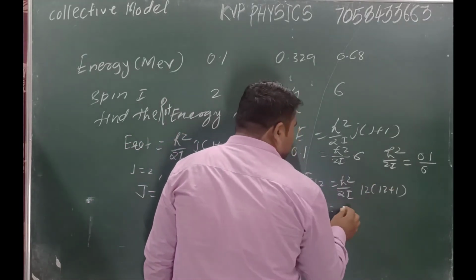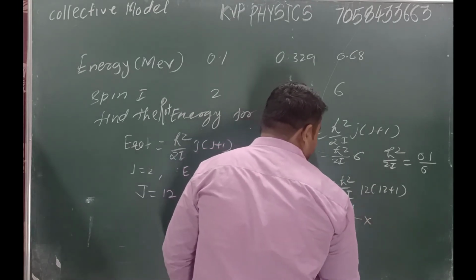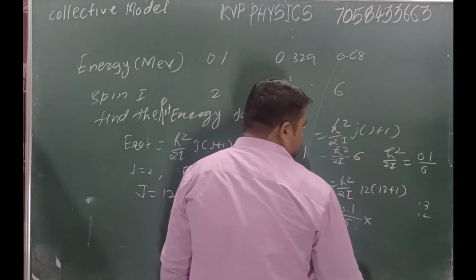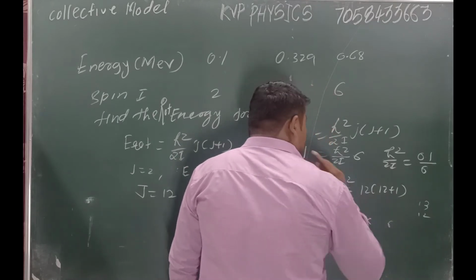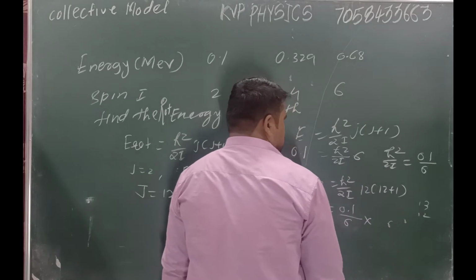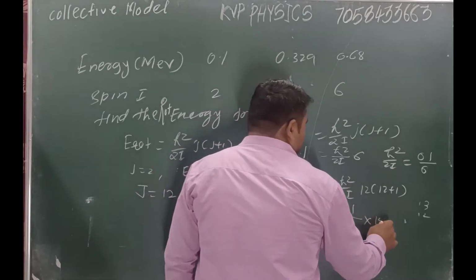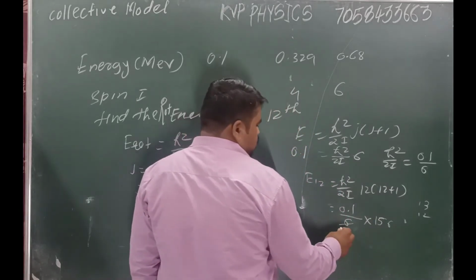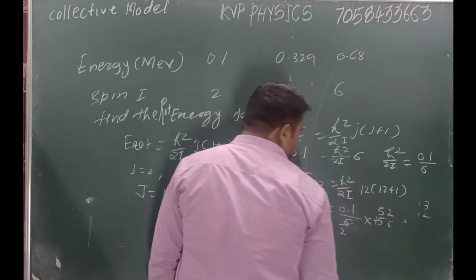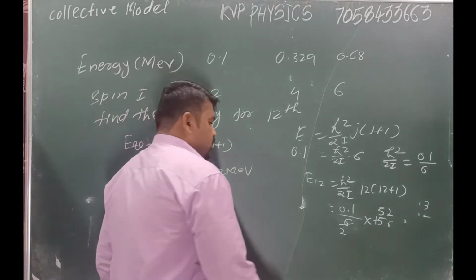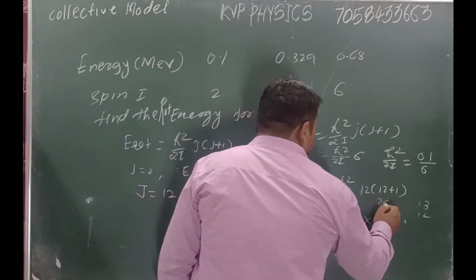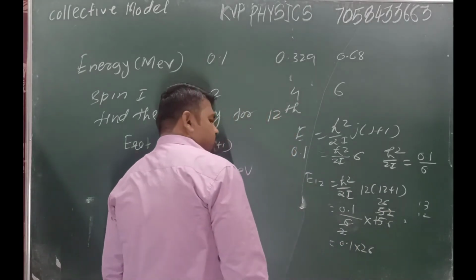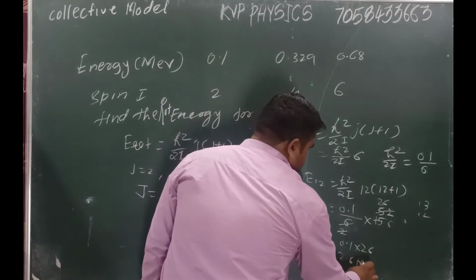With h cross square upon 2i as 0.1 upon 6, we get 0.1 upon 6 into 12 into 13. 12 into 13 is 156, divided by 6 gives 26. 26 into 0.1 is 2.6 mega electron volt.